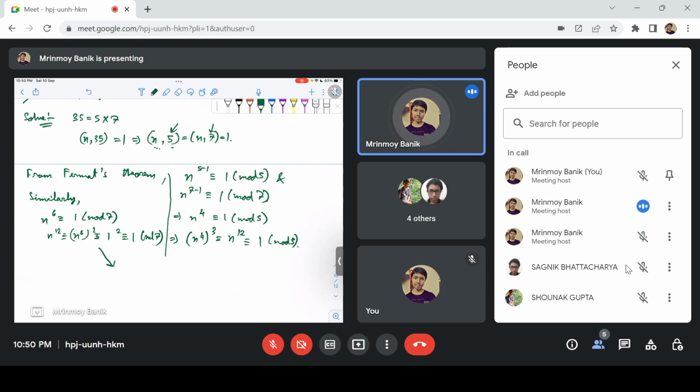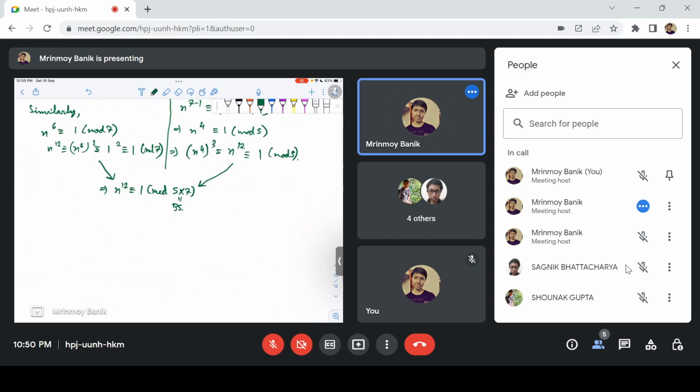So this and this both imply n power 12 is congruent to 1 mod 5 times 7, that's 35. Why is it true? I forgot to tell you this.